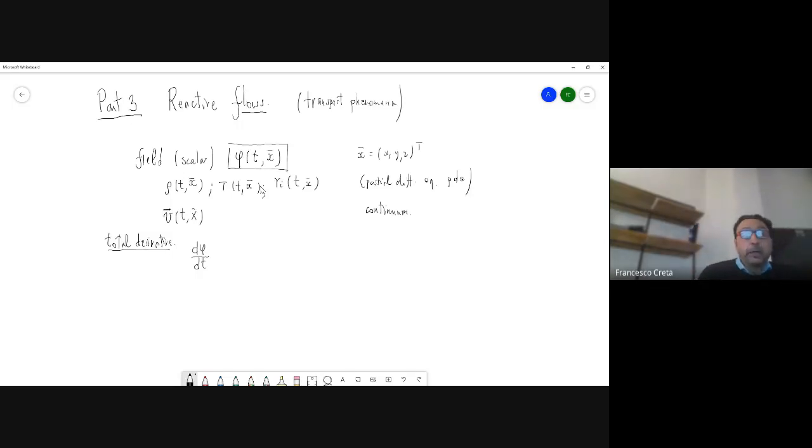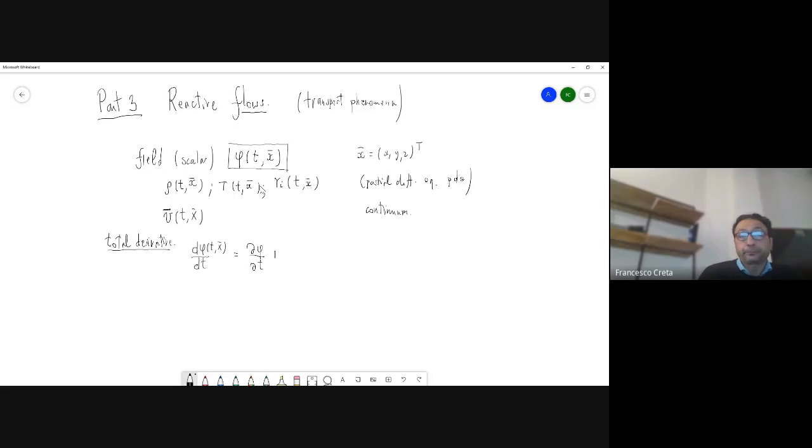Well, look at the functional dependence of phi: it depends on time and space. So mathematically, we know how to take this derivative. It's essentially the partial derivative of phi with respect to time.